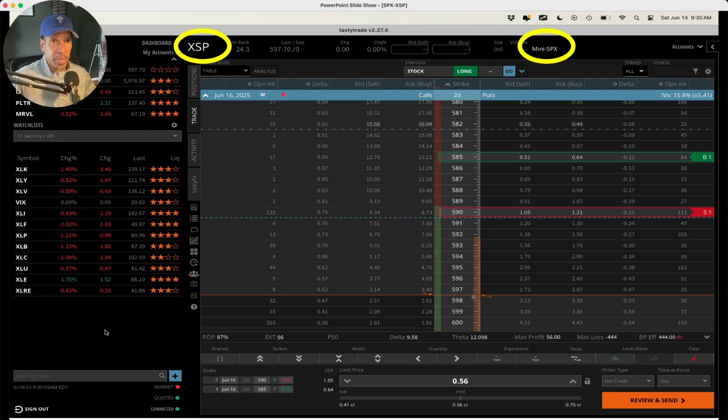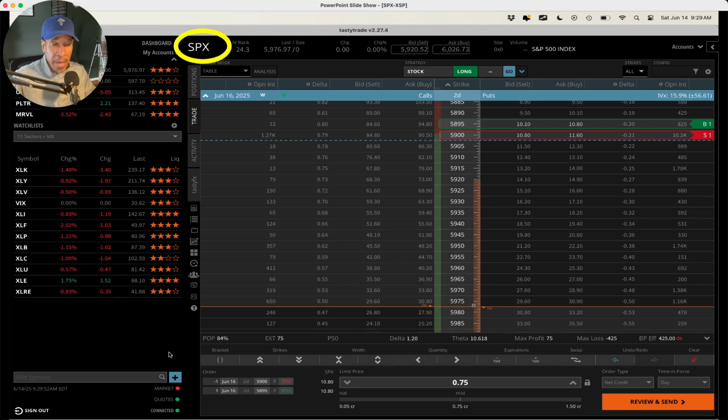The XSP is actually 1/10 the size of the SPX, right? Although we're looking at the same type of trade here, you notice that the profit potential on the mini SPX is smaller. So what?